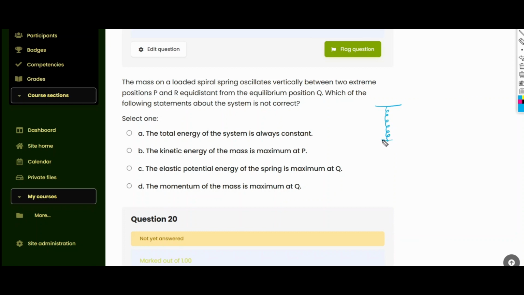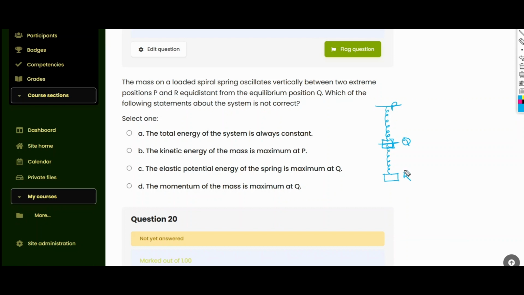Let's say this is the position of rest, and when stretched, so let's assume this is the position when stretched. Let's look at this as the original position or equilibrium position, which is Q, with extreme positions P and R.